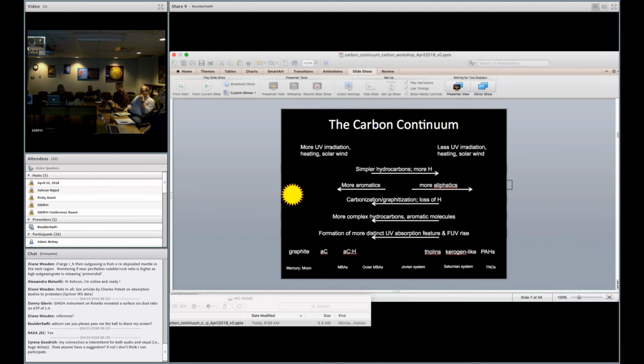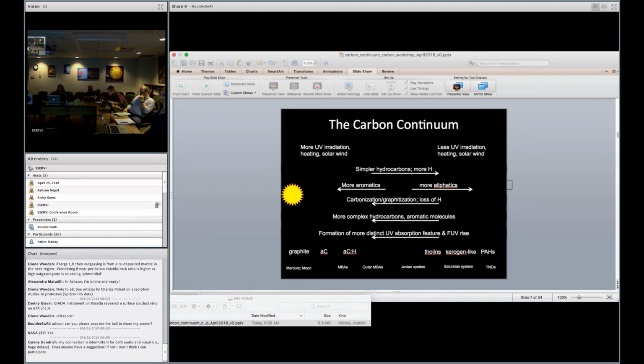Whereas farther out, where there's less UV irradiation and less heating and less solar wind, we ought to see more hydrogen, more aliphatic, and less carbonization happening. And this can translate to the actual species we see. In close, we might expect to see more graphite, maybe more amorphous carbon, and out in the outer solar system, more tholins and more PAHs.